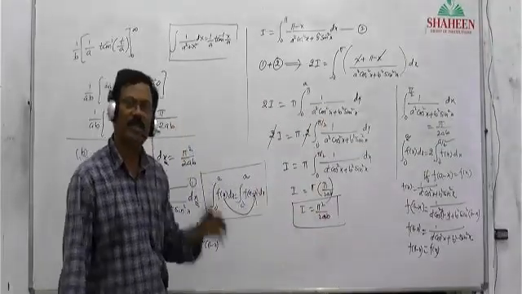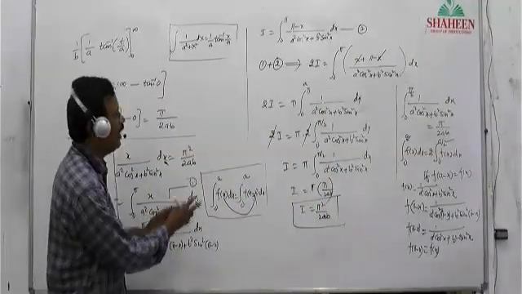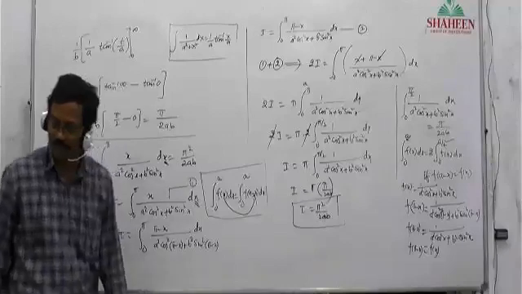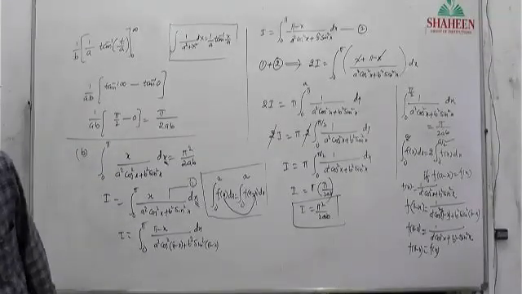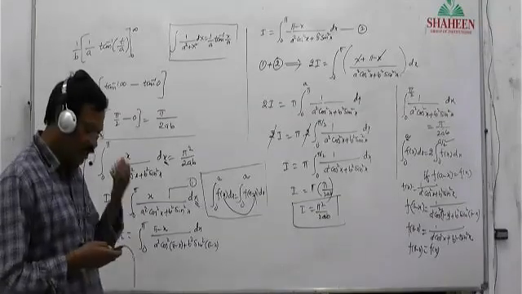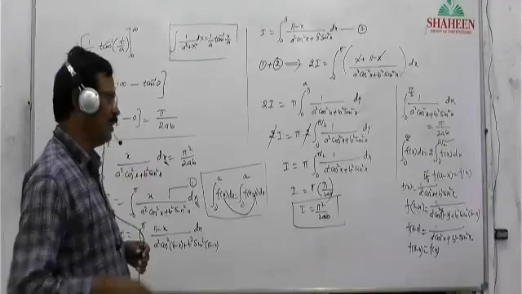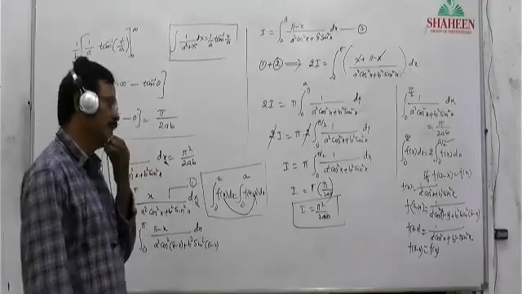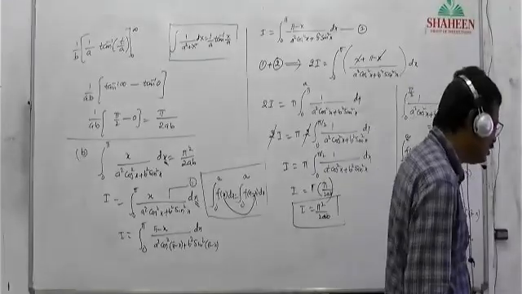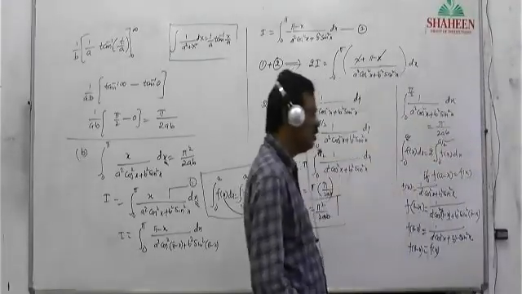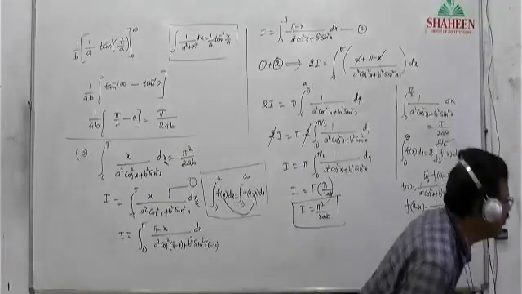Many problems have x in the numerator; apply the same method and you will get the solution every time. Okay? Copy all of you. If you have any doubt, you can ask me.